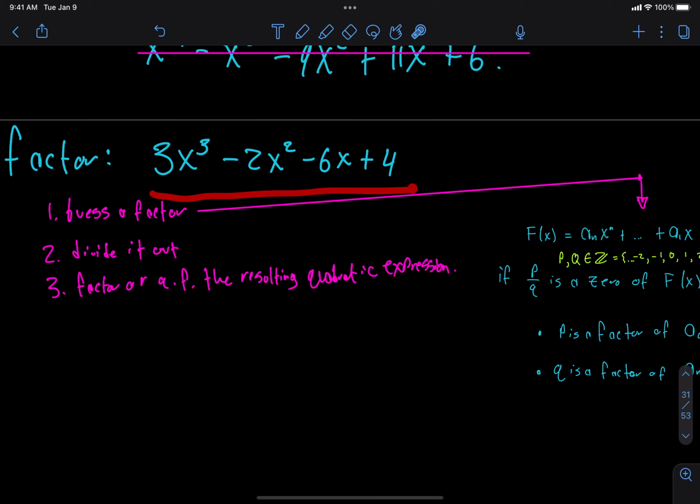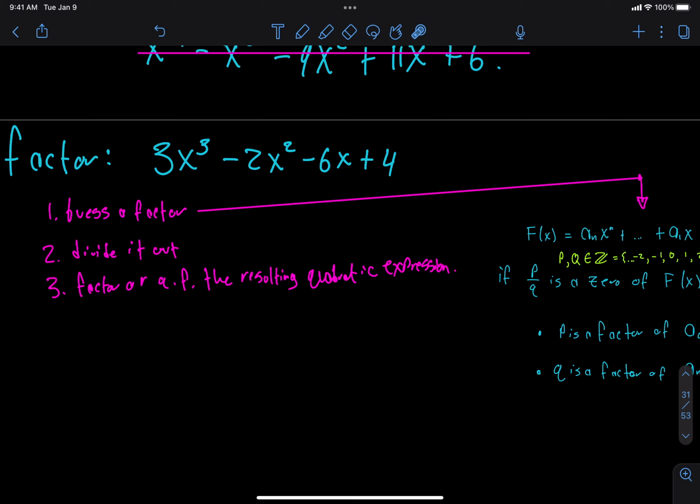You can try to visualize what would happen if I plugged in 1. That'd be 3 minus 2 minus 6 plus 4. 3 minus 2 would be negative 1. Minus 6 would be minus 7, plus 4. Okay, so 1's not a 0. What about negative 1? Then you can try negative 1 and some other ones. You can sometimes get lucky by guessing, but sometimes it's hard to see what the zeros could be.